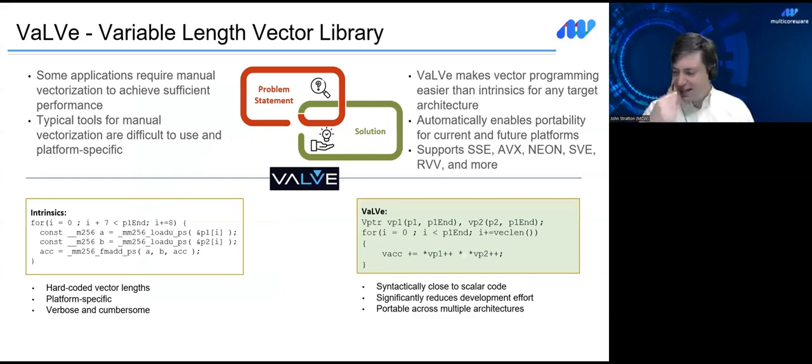So with that, I want to talk some about projects that we're working on now to continue playing in this space of what does it take to achieve a certain degree of performance with a certain amount of development effort. And one area I want to talk about here is Valve.